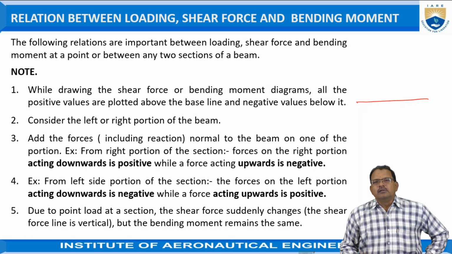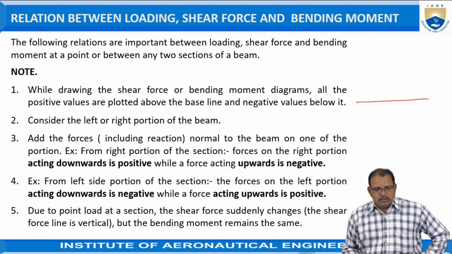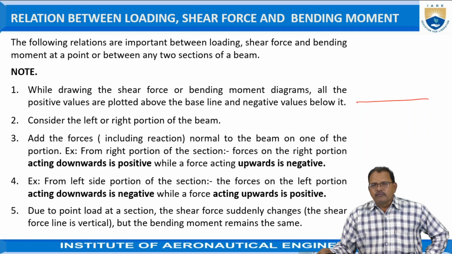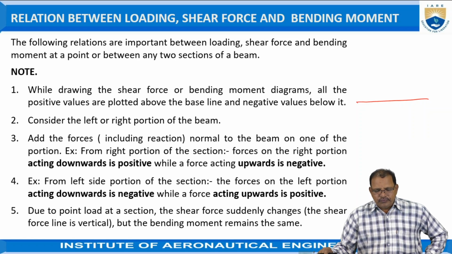Now, while drawing the shear force and bending moment diagram, consider the left or right hand portion of the beam as a reference point. While drawing the shear force diagram, add the forces normal to the beam on one of the portions, from the right side of the section. The forces on the right portion acting in a downward direction are treated as positive, while the forces acting in an upward direction are treated as negative now.